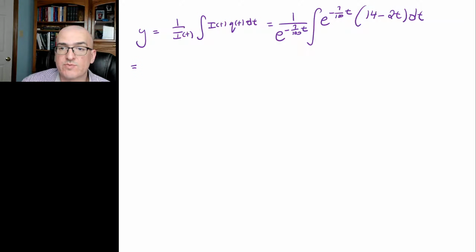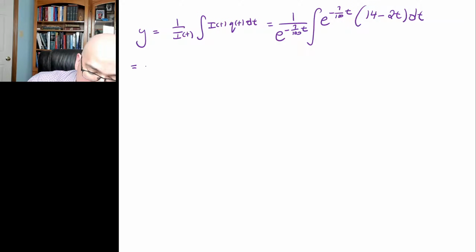We can use exponent laws. We have 1 over e to a negative exponent. We could bring it up as e to a positive exponent upstairs. So e to the 7 over 100 t times the integral of 14 e to the negative 7 over 100 t minus 2t e to the negative 7 over 100 t dt.